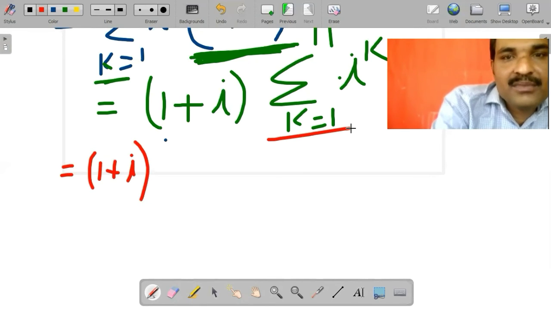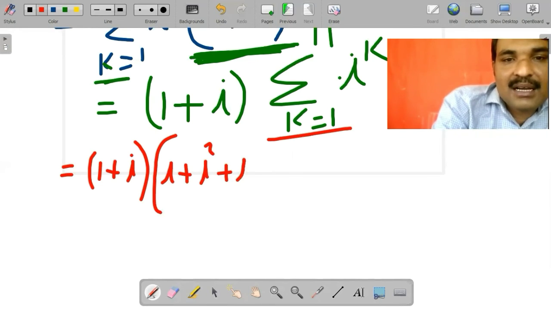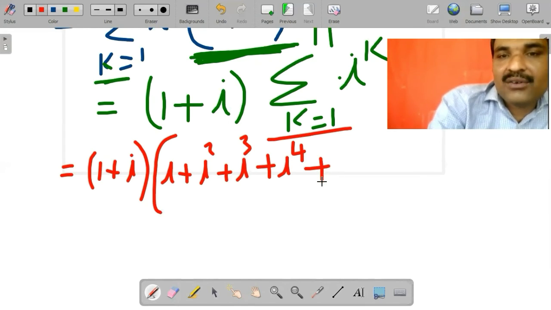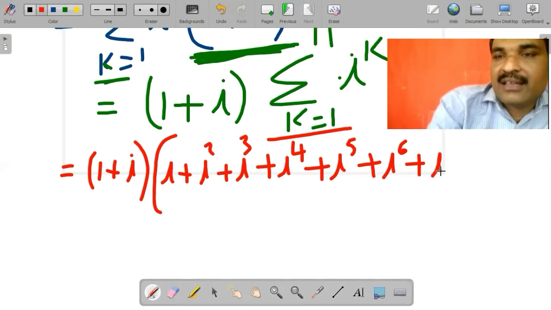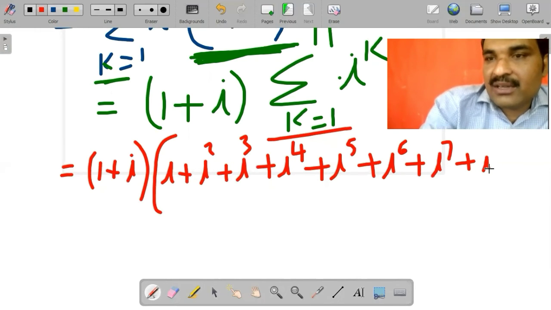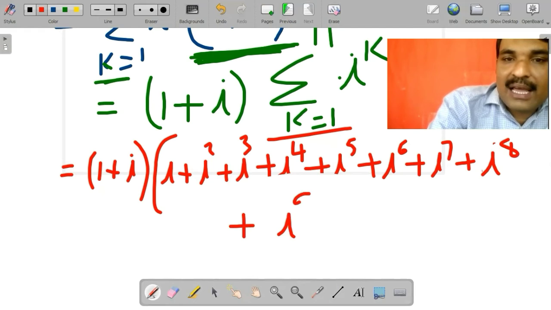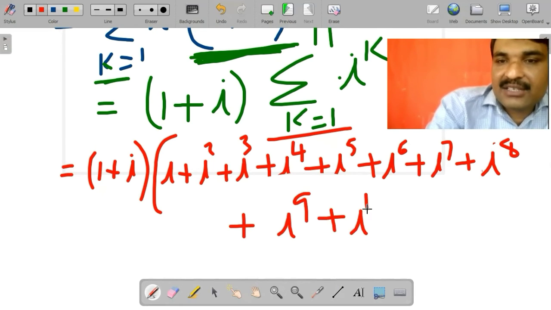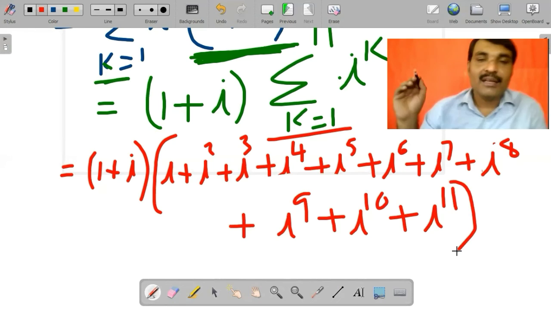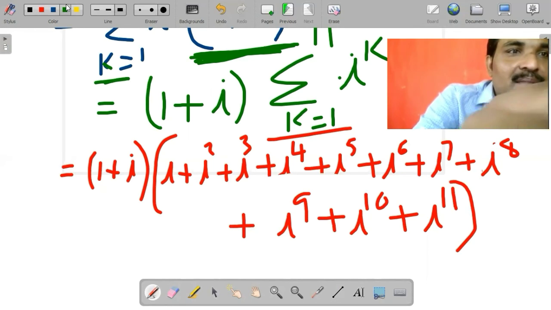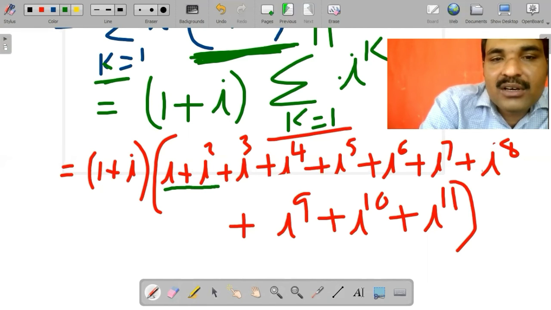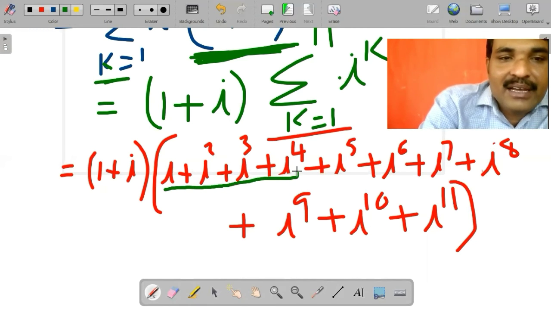What will be the value of the summation? That becomes iota plus iota square plus iota cube plus iota raised to 4 plus iota raised to 5 plus iota raised to 6, and so on up to 11, iota raised to 8 plus iota raised to 9 plus iota raised to 10 plus iota raised to 11. Now what is the value of iota plus iota square plus iota cube plus iota raised to 4? We already said its value is equal to 0.